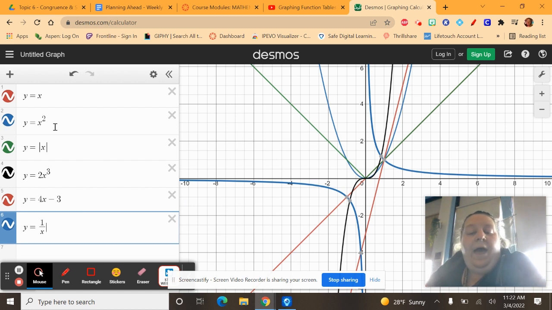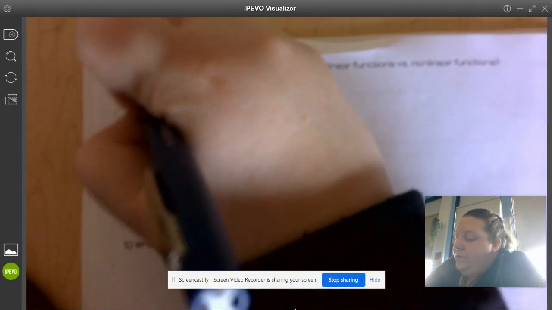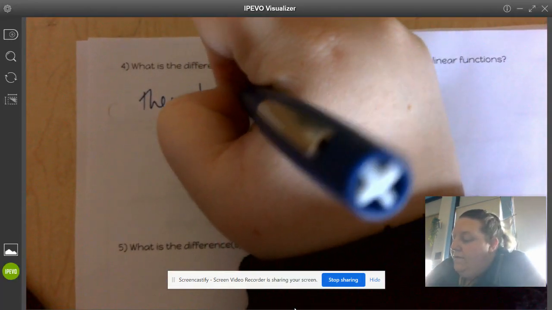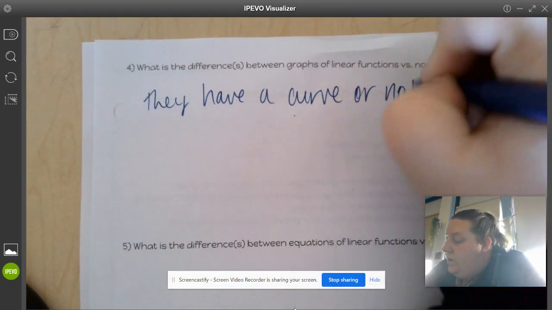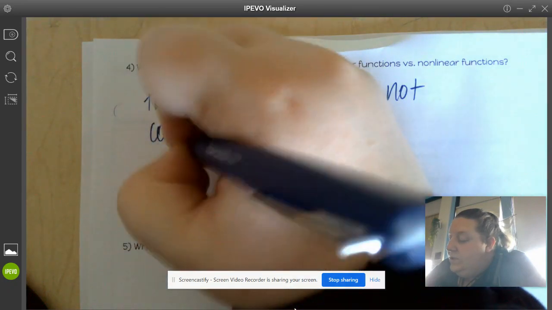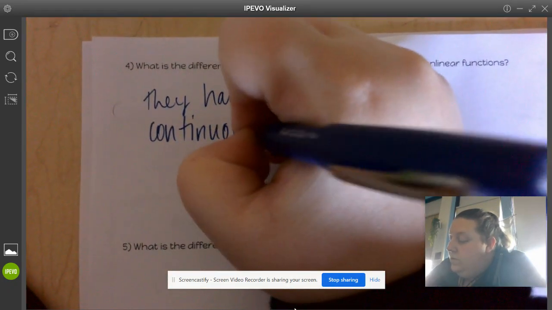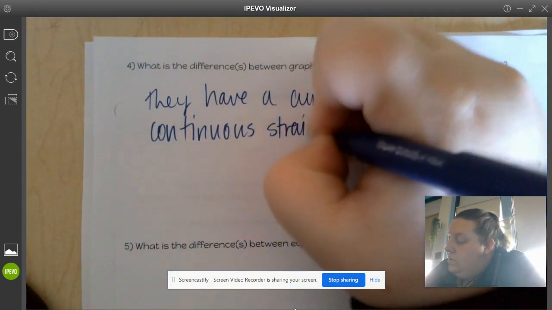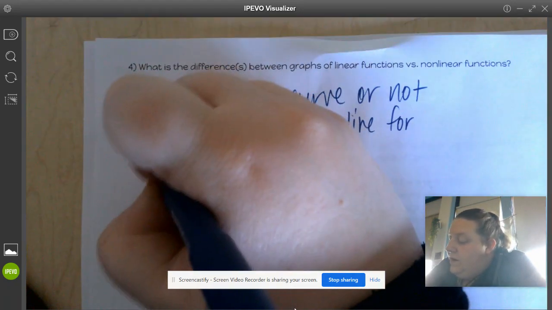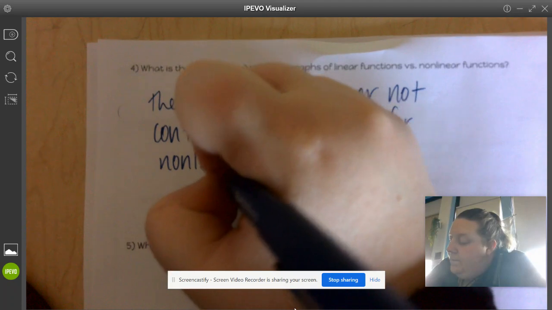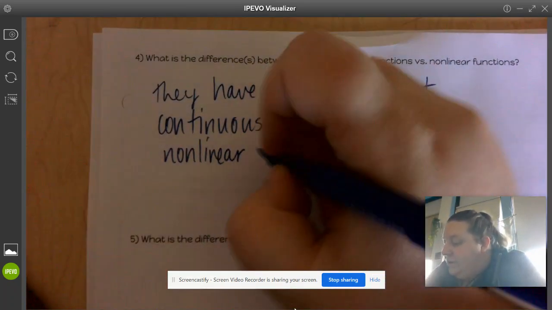So all of them have a curve or they aren't a perfectly straight line. That is the difference. So they have a curve or not continuous straight line for nonlinear functions.